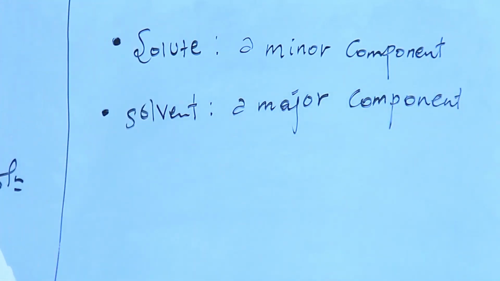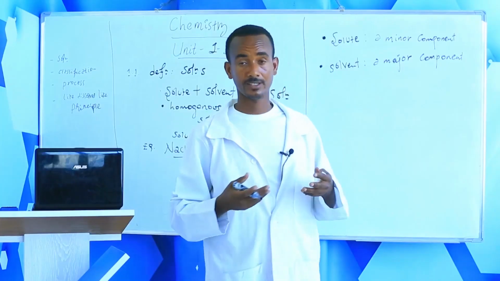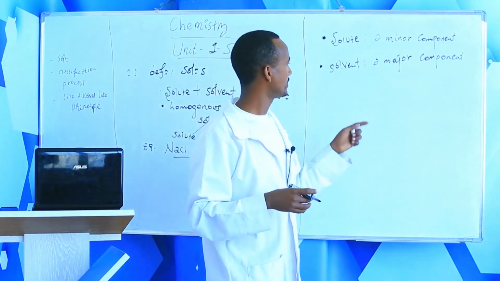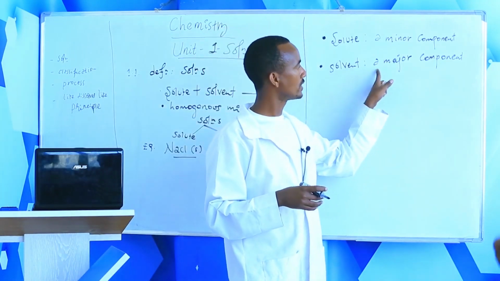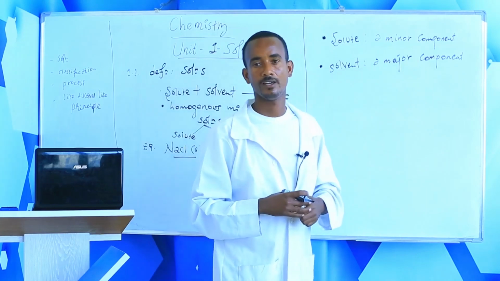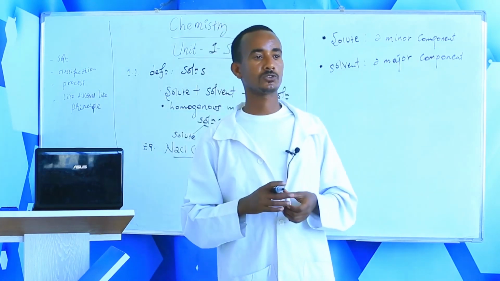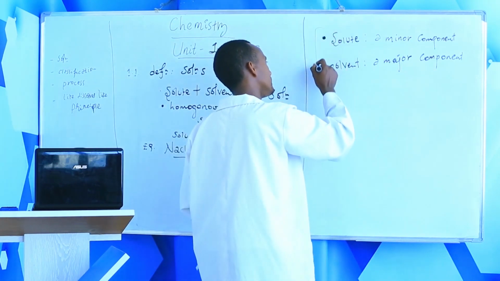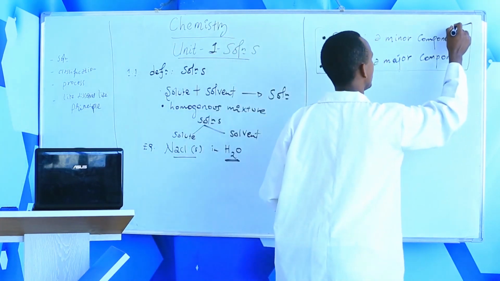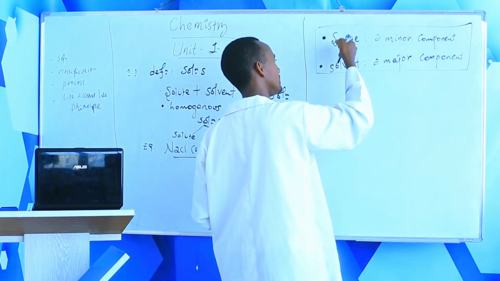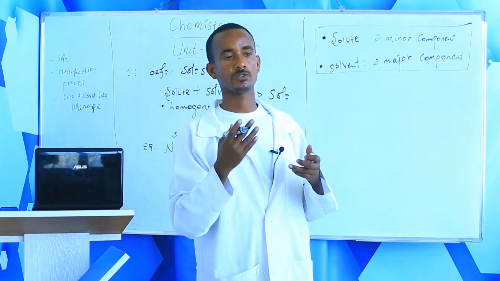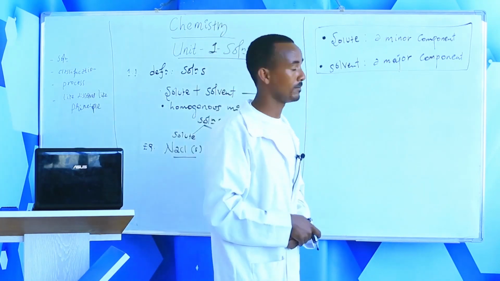When you say solid is a minor component, it refers to the component which is present in small amounts. And when you say a solvent is a major component, a solvent is a component that is present in large quantity. Therefore, this definition helps us to differentiate these two components in a given solution if the physical states of the solid and the solvent are the same.